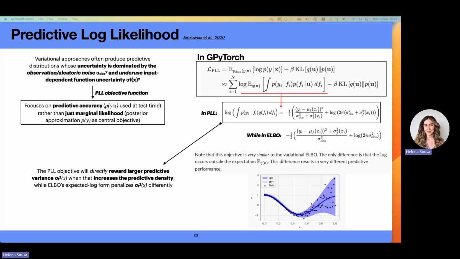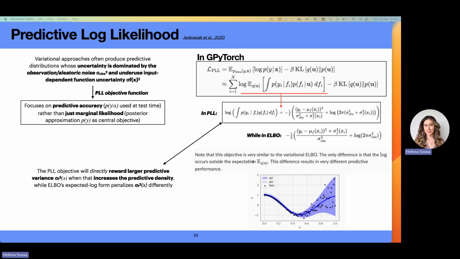Here I just put up this term so we can see how it differs from ELBO. You can see that now the observation noise and the variance of the model are penalized differently in this term. They call this in ELBO a sort of asymmetry when penalizing the observation noise and the model variance.